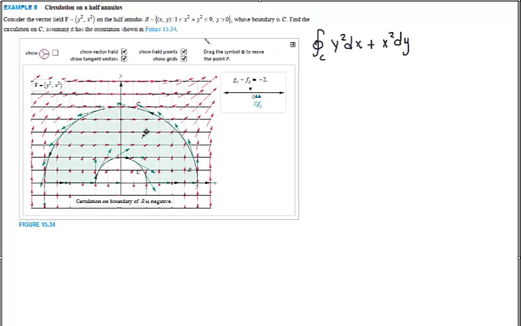In this next example, I am to compute the circulation. Now notice that my circles in this case go from 3 to 1 here. So there's my outside radius 3 and my inside radius of 1.